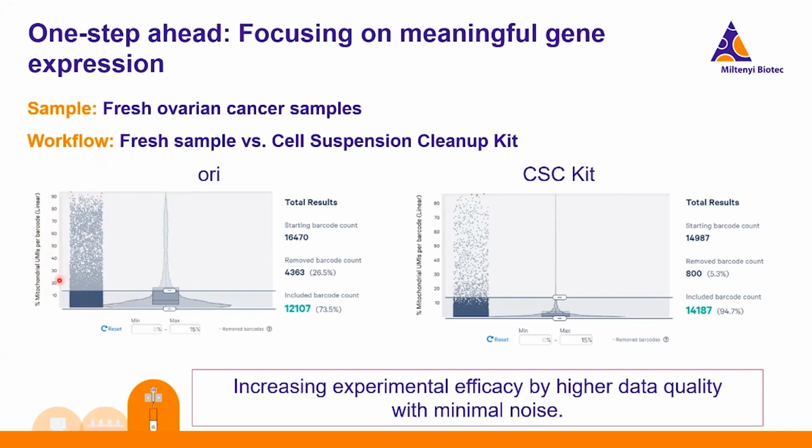Mitochondrial UMIs are an indicator, for example, for apoptotic cells. So it's often done that one puts a threshold around 15% to remove barcodes with such a high mitochondrial UMI content. As you can see on the left, more than 25% of barcodes are removed, whereas only 5% of the barcodes are removed in the clean sample.